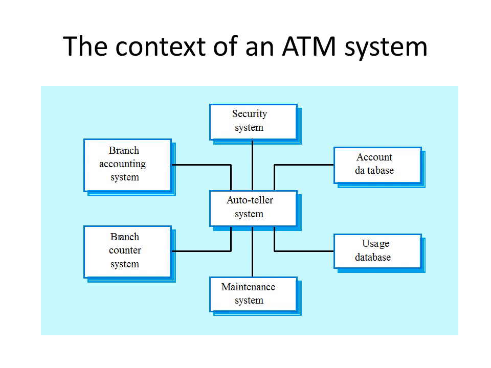We have a security system that has a relation with the ATM. We have an account database. We have a maintenance system and a branch counter system. In the context diagram, we don't show the services for any given system, but it is good to show what kind of data can be transmitted between these systems.